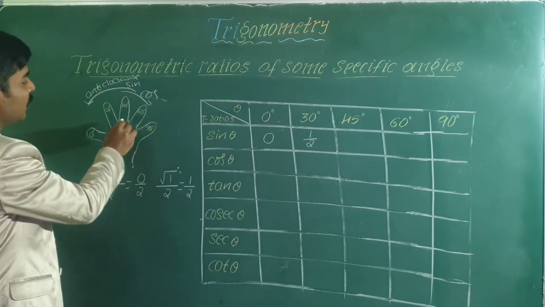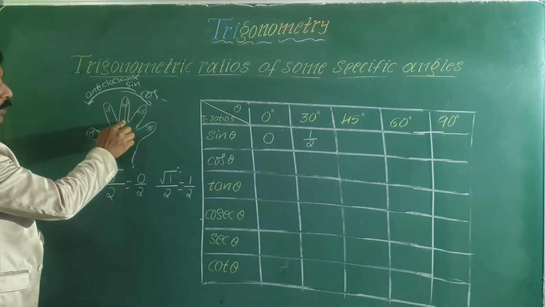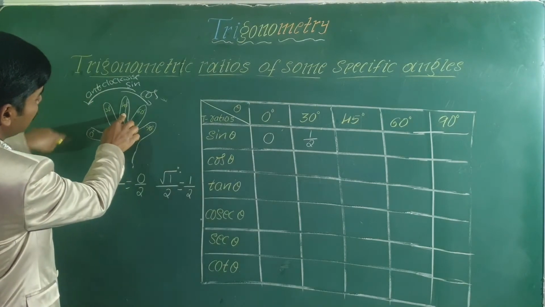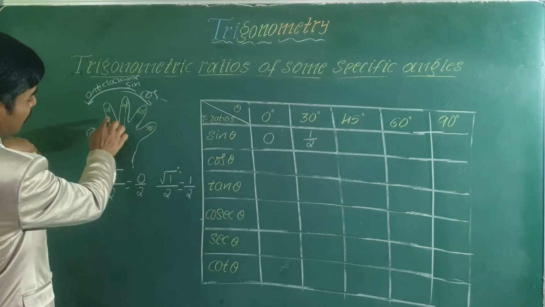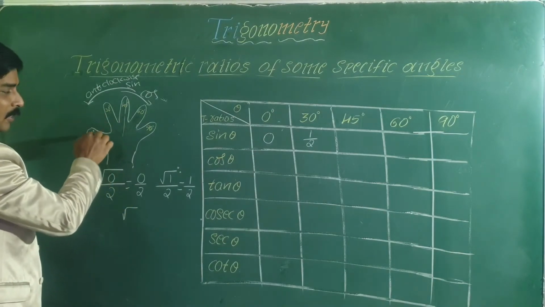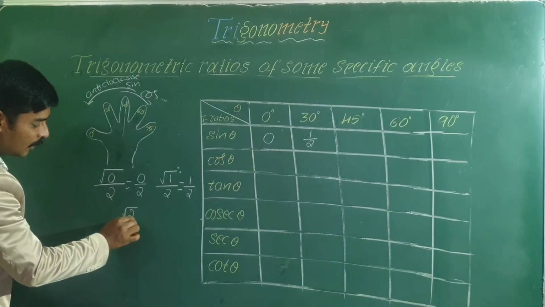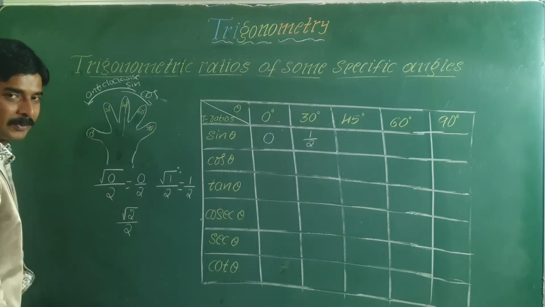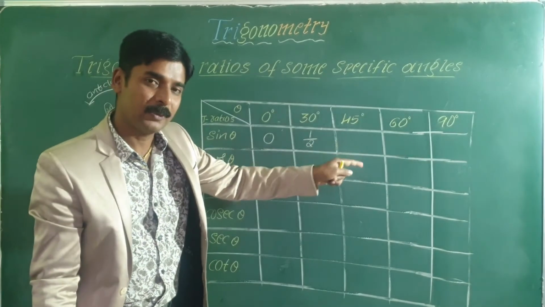Next we will take sine 45 degree. How many fingers are there towards the left side of 45? 2 fingers. So it is square root of the number of fingers to the left side, that is 2, divided by 2. So square root of 2 by 2.